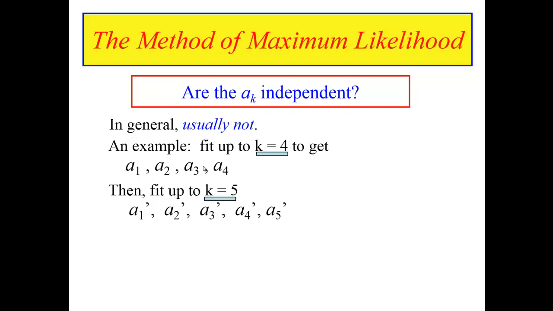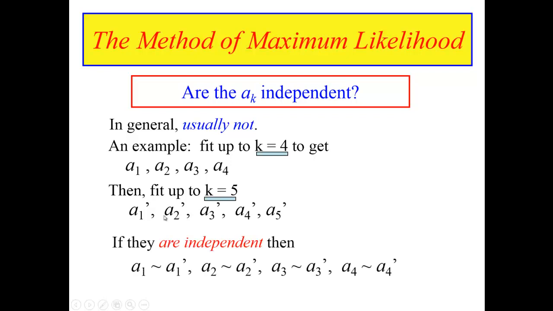So let's imagine now that we fit the same data set, and we just add one more term. So instead of maybe having a term that went up to x cubed, we now include a term that would go to x to the 4th power. And that would allow us to refit the data using this larger fitting function and get a completely new set of A1, A2, A3, A4, A5 that we'll indicate with primes here.